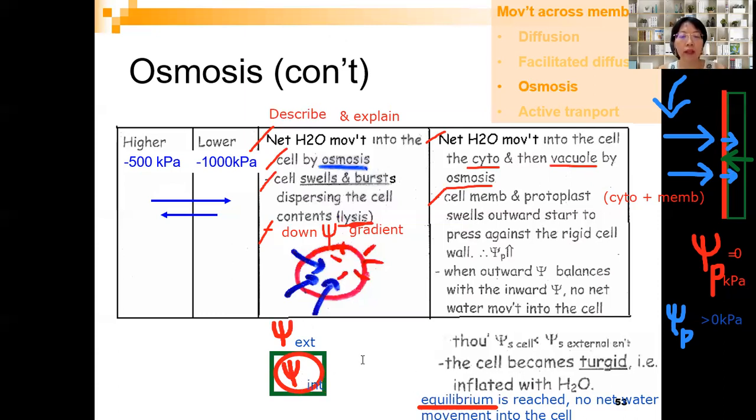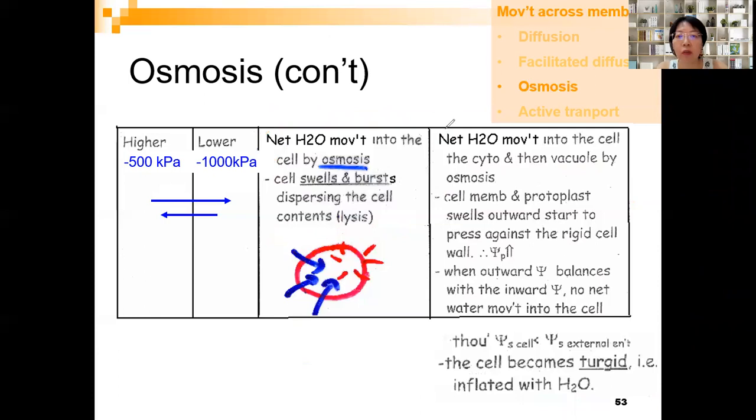So when the cell stops swelling, we can say that psi of external environment is equal to psi of internal environment. So that's when the cell will stop swelling. Because the water potential is the same, there's no more net water movement, so the cell no longer swells. So can everyone follow up to here?